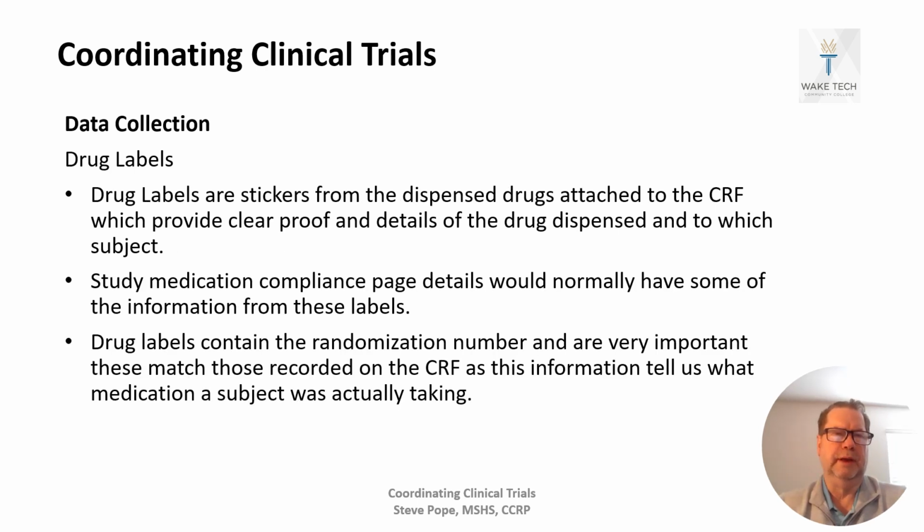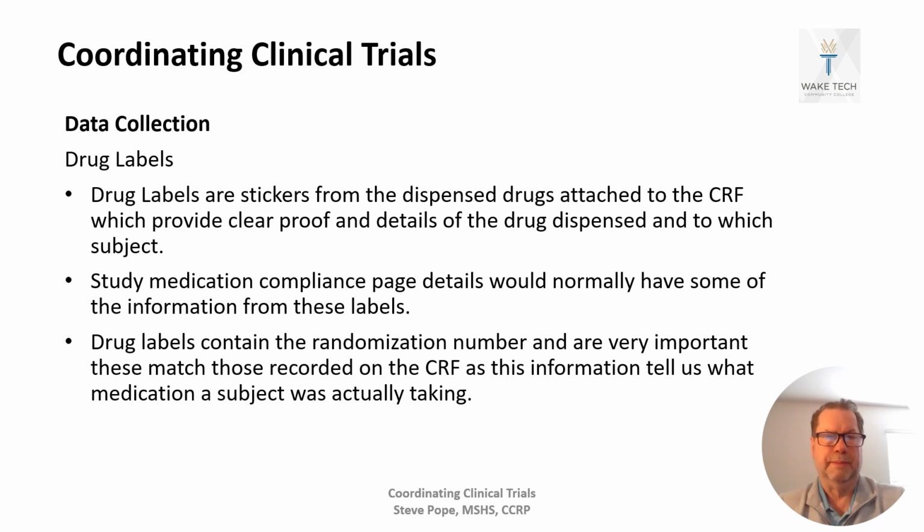So you need to be familiar with the drug labels that are likely going to be on your IP boxes or bottles or whatever it is you give to the subject. These labels are going to be stickers from the dispensed drugs that are attached to the CRF, and they provide clear proof of the details of the drug dispensed and to which subject.